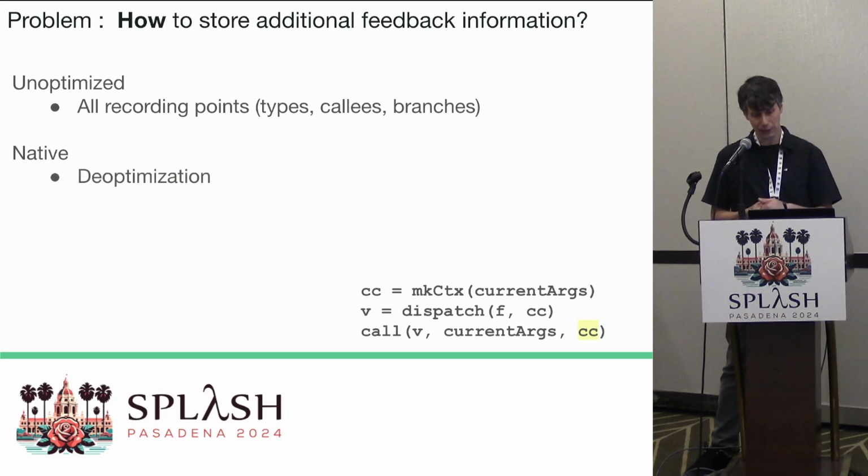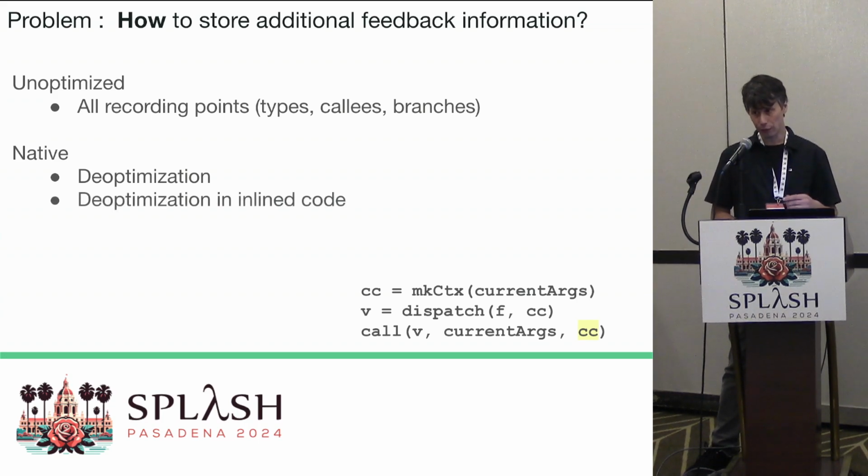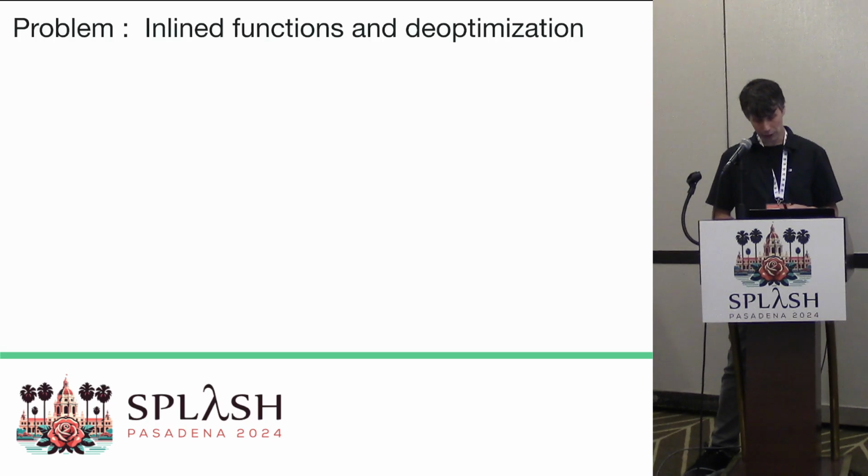The simpler case is when we optimize from the same function that we called, and for that we extended the signature of the native code, and we also provide this extra argument for the calling context, so that this information is available if we need to deopt. And there are more complicated cases for when we deoptimize within inlined code. And I want to get to that now.